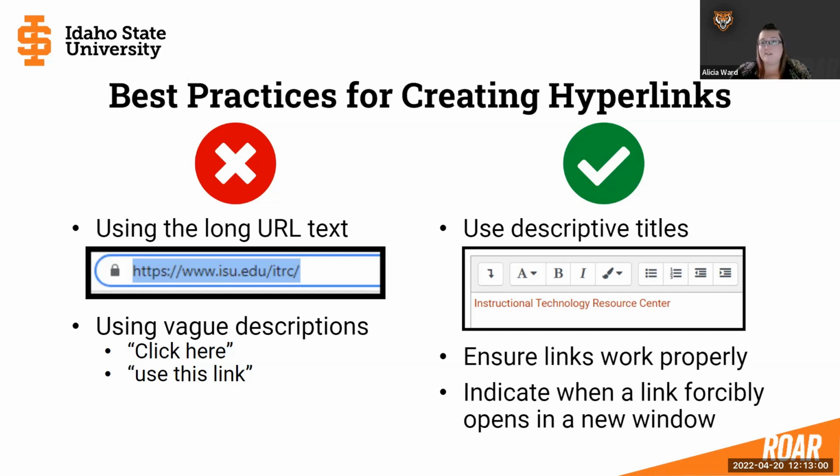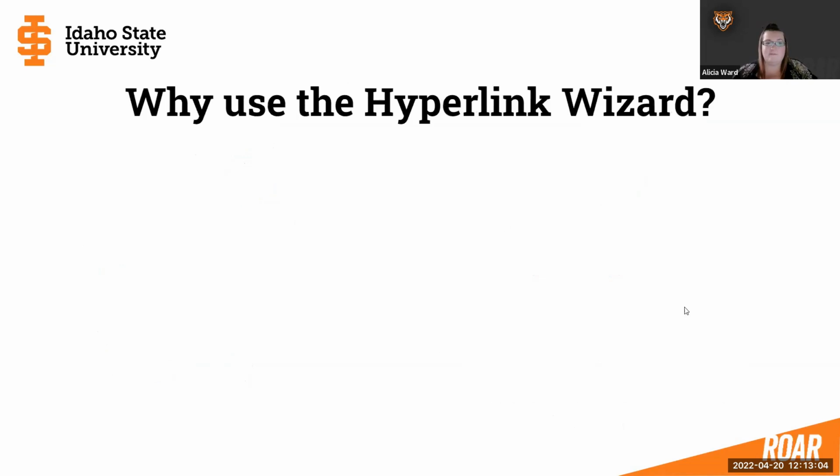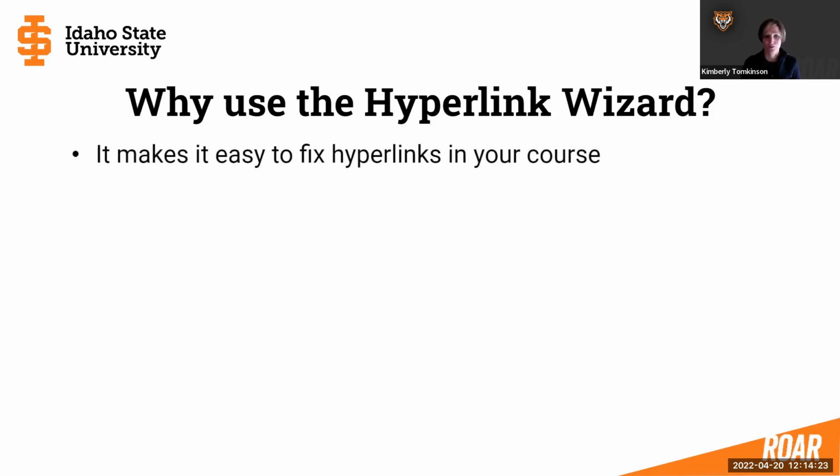Next, Kim will introduce you to the Hyperlink Wizard, which helps implement some of these best practices. So why use the Hyperlink Wizard? First of all, it's easy to use. The wizard shows the hyperlinks that need editing in your course in one place, and you can fix them in that one area as well.